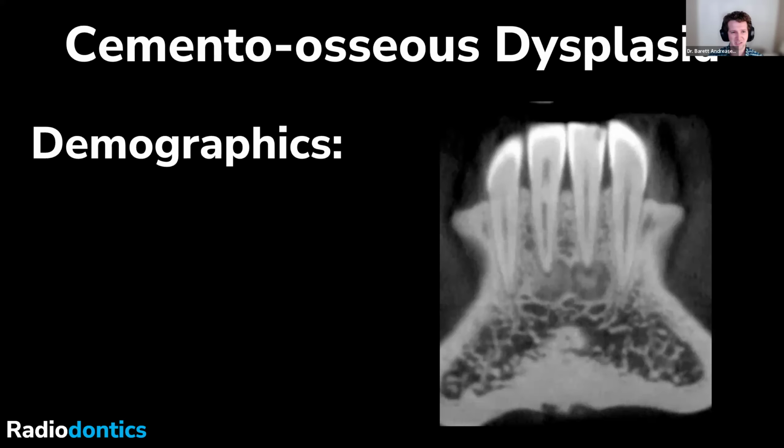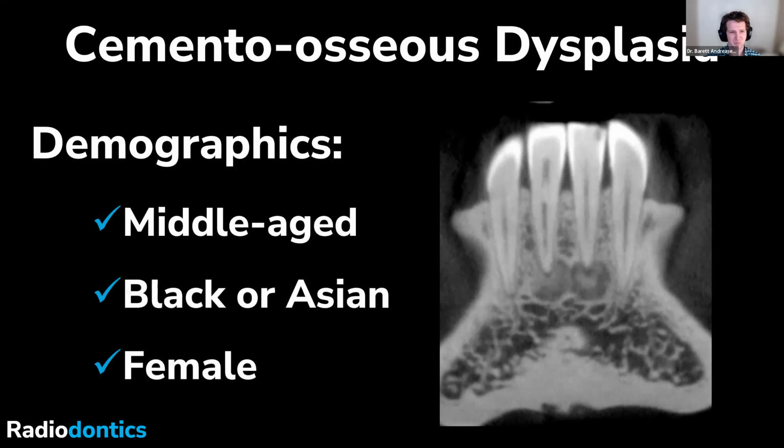These are pretty classic lesions that we talked about quite a bit in dental school and residency, but they have a very unique demographic to them. For whatever reason, probably genetics, I don't know. But these are classically seen in middle-aged Black or Asian females.